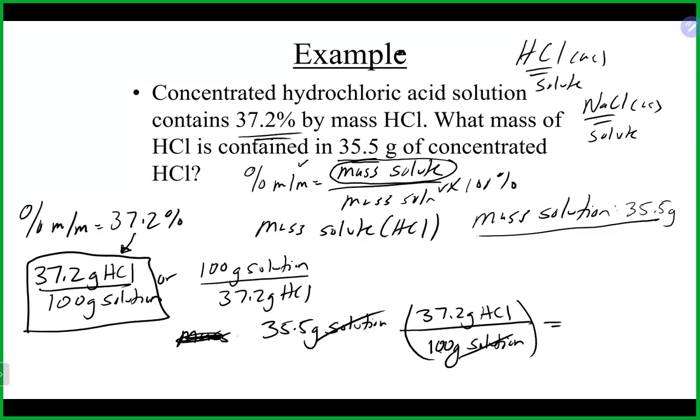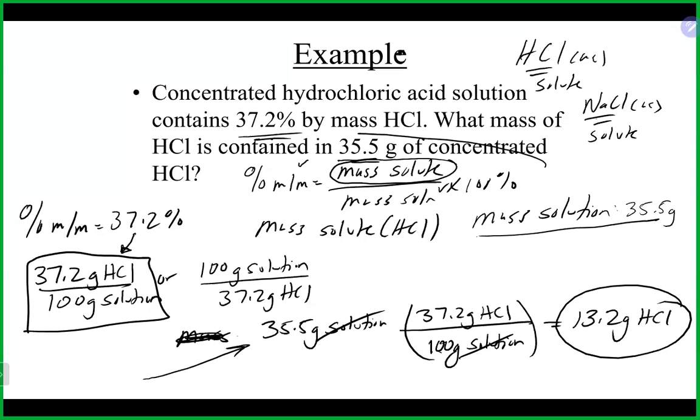And that's going to leave us now with what we're looking for in this case, which is about 13.2 grams of HCl. So here with more of a dimensional analysis approach, you didn't really have to remember per se this formula. You could just get rid of the units you don't want, keep the units you do want, and you get obviously the right answers.